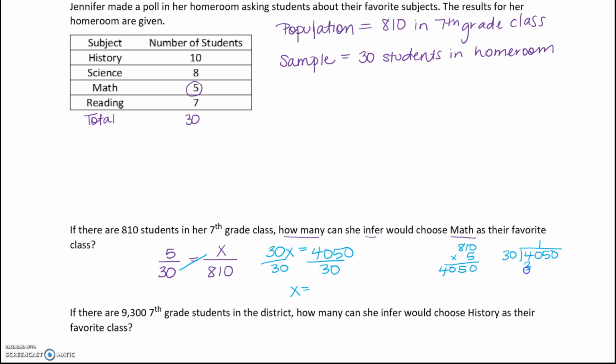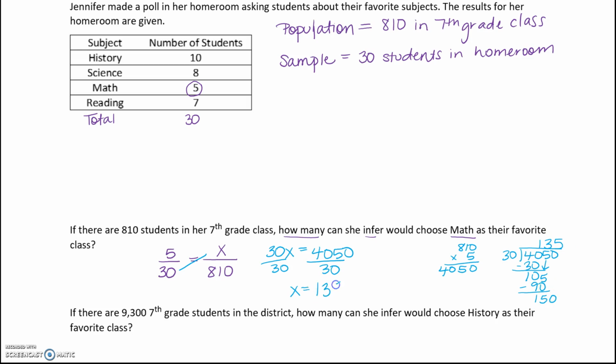30 goes into 40 one time. We get 30, bring down the 5, 105. 3 times 30 is 90. 105 minus 90 is 15. Bring down the 0, 150. 30 times 5 is 150.